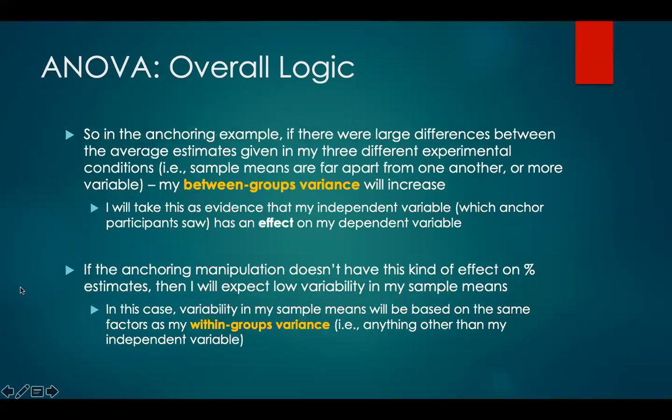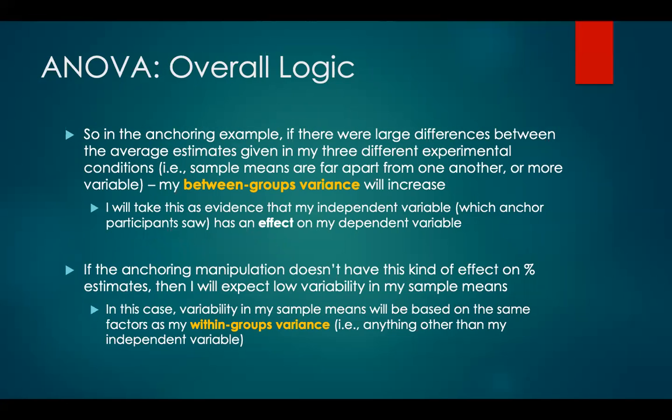So in the anchoring example, if there were large differences between the average estimates in my three different experimental conditions, that is, the sample means are far apart from one another or more variable, my between groups variance will increase.